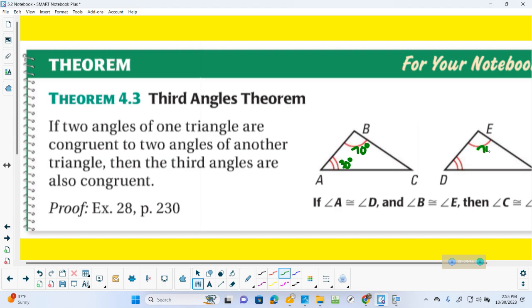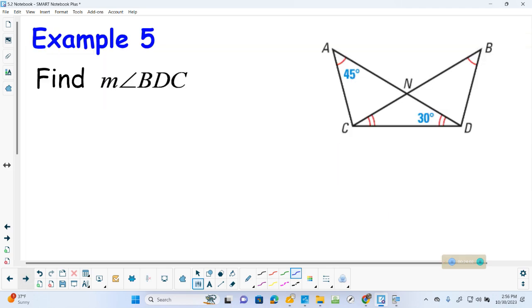I'm going to label the same, 70, of course, 30. Quick question: all 3 angles should add up to what? 180. So if you have 100 here, what's your missing angle? And isn't that also going to hold true for this one? Yeah. So that's why, 80. That's why if you have 2 sets of congruent angles, the third one will also be congruent, because they have to make 180. They'll end up being the same measure. So we're going to use that when we write our proof.